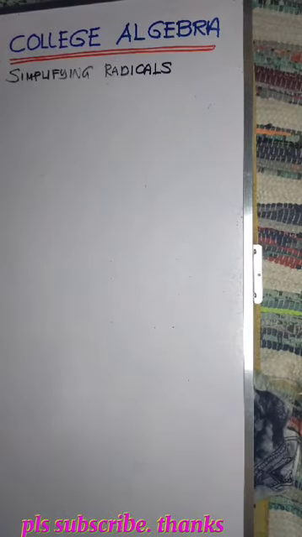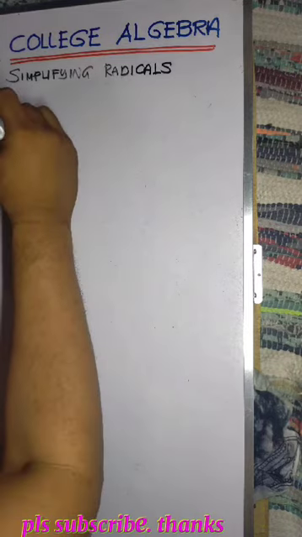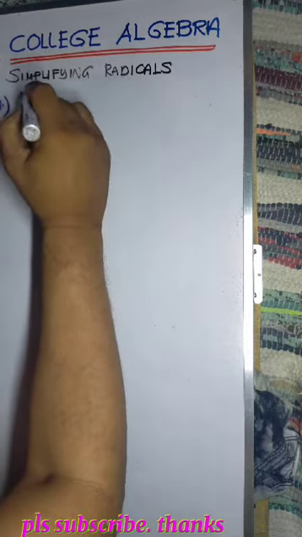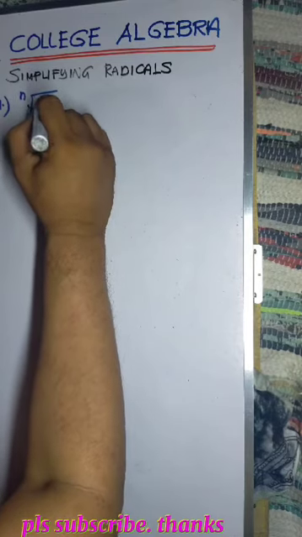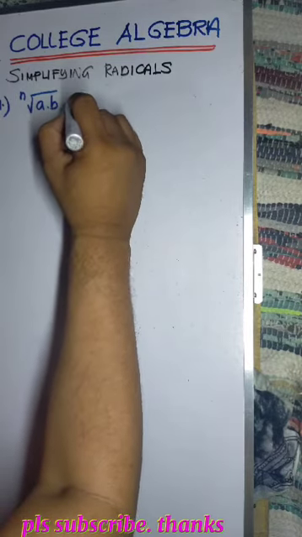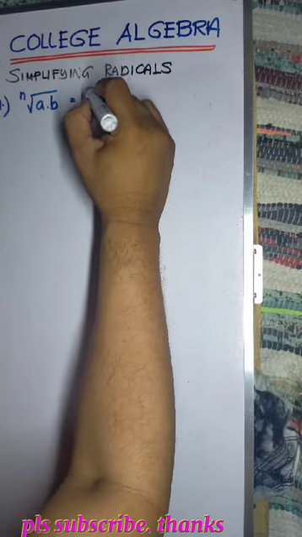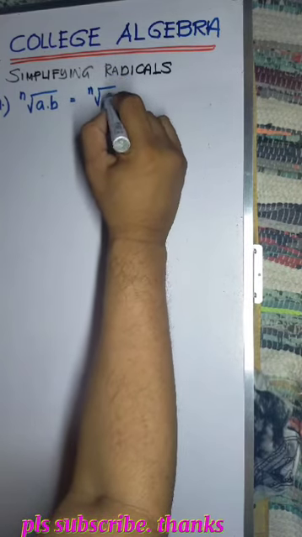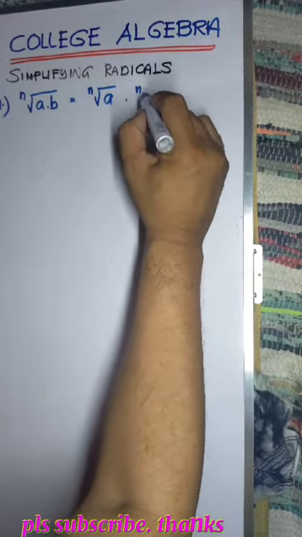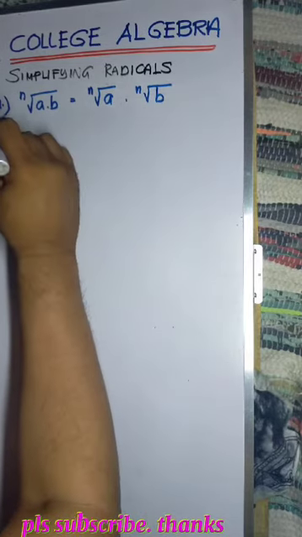So hello, we'll now discuss simplifying radicals. So number one, the nth root of a times b will be expanded to the nth root of a times the nth root of b. Okay.